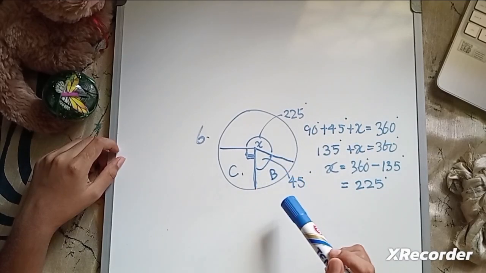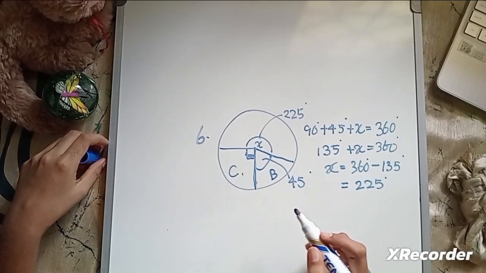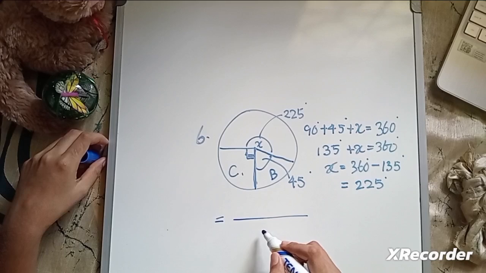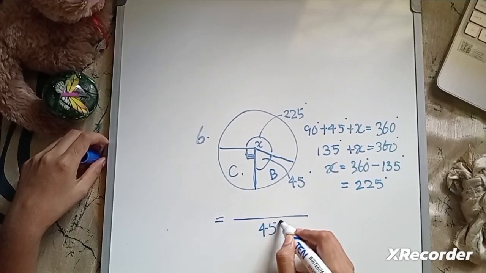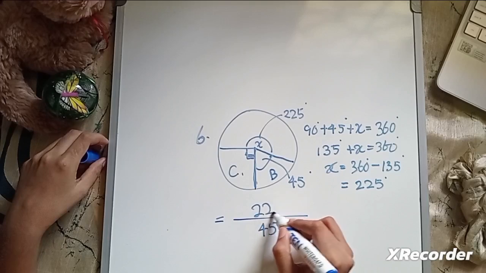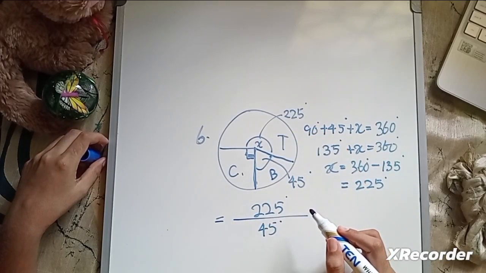In the pie chart, they denote the employees coming by bus is 45 and employees coming by train is 225.